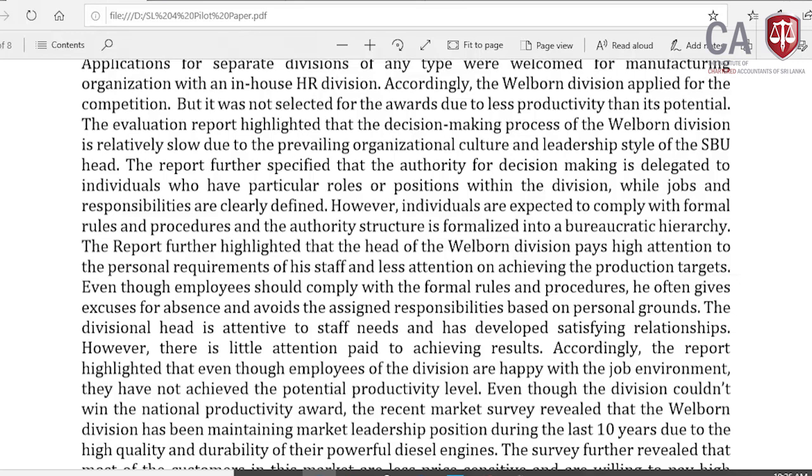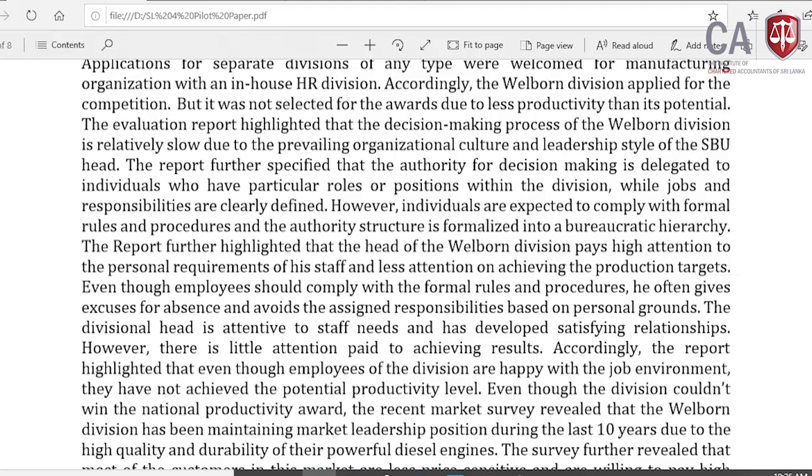However, individuals are expected to comply with formal rules and procedures, and the authority structure is formalized into bureaucratic hierarchy. So, what type of information you can extract from this? Look at this. We have identified few points. The decision making process is not flexible. That is one of the problem we have found.